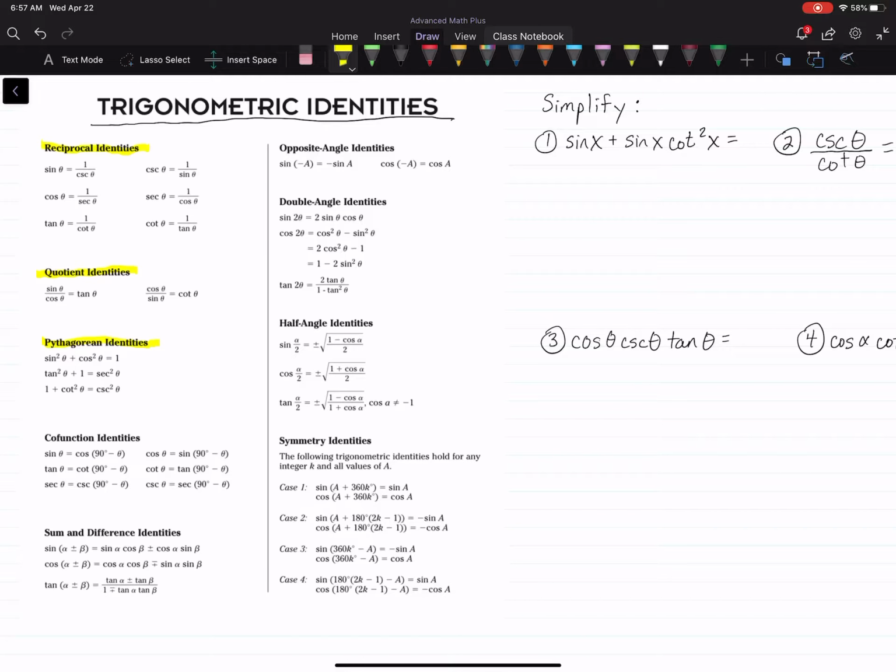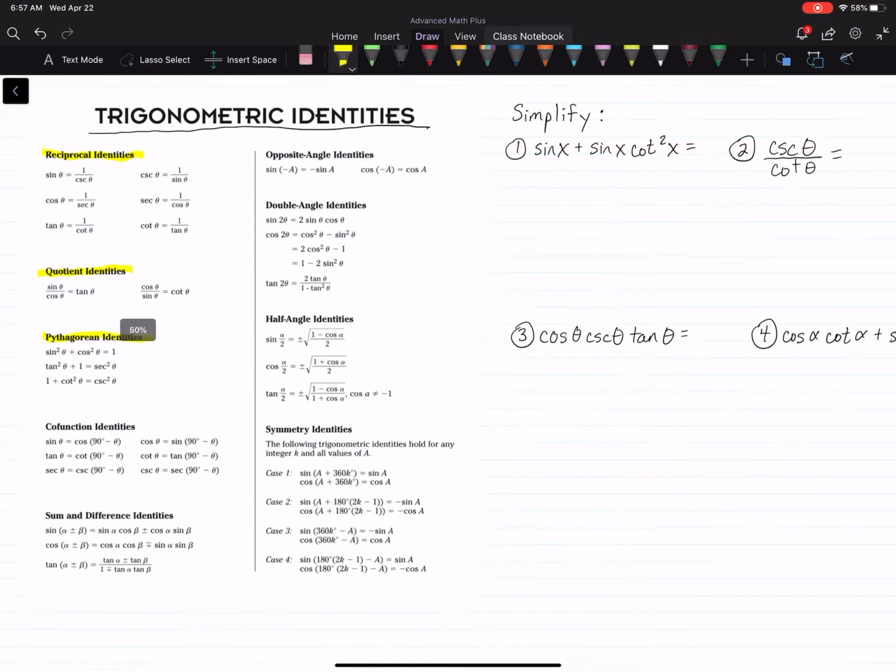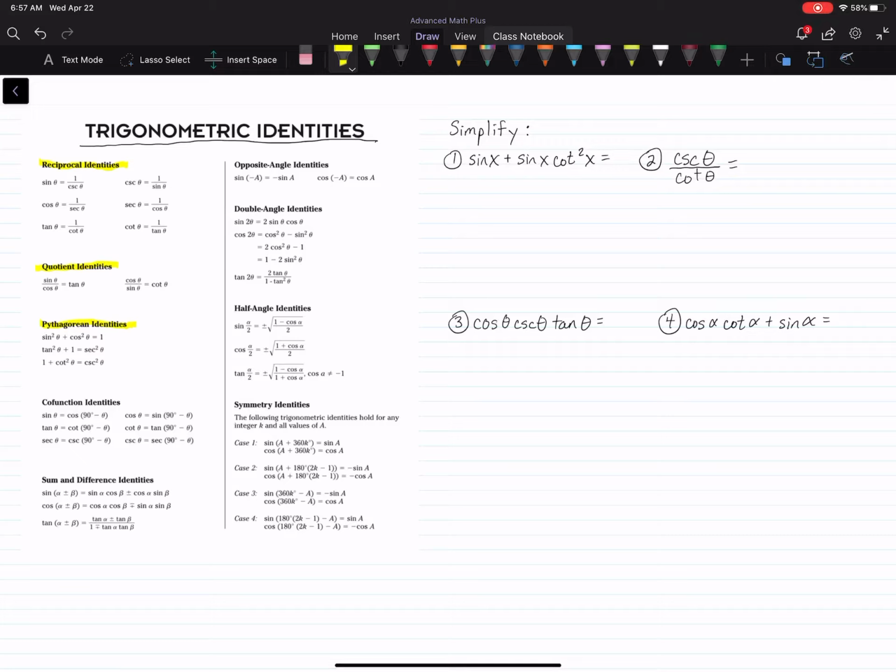One, I'm going to try to make everything into sine and cosine if I can, and two, I'm not going to forget how to just do math. That means I'm not going to forget how to factor and how to divide by fractions and things like that. A lot of times what trips us up on these type problems is we forget how to do basic math like fractions and factoring and multiplying.